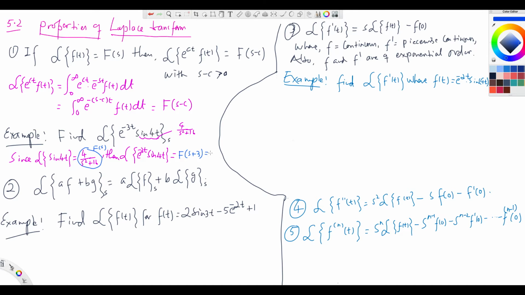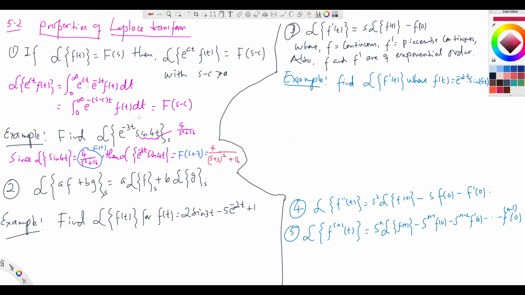So what is the answer then? The answer is 4 over (s plus 3) squared plus 16. That will be your answer. All right, so this is property number 1. This is a very important property, and you can use it to find the Laplace transform of many problems.